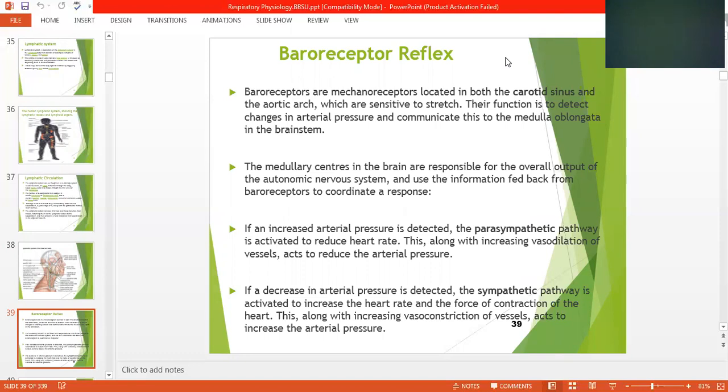They are situated at the carotid sinuses and aortic arch, and when the blood vessels stretch due to the quantity of blood, it will give you reflexes.